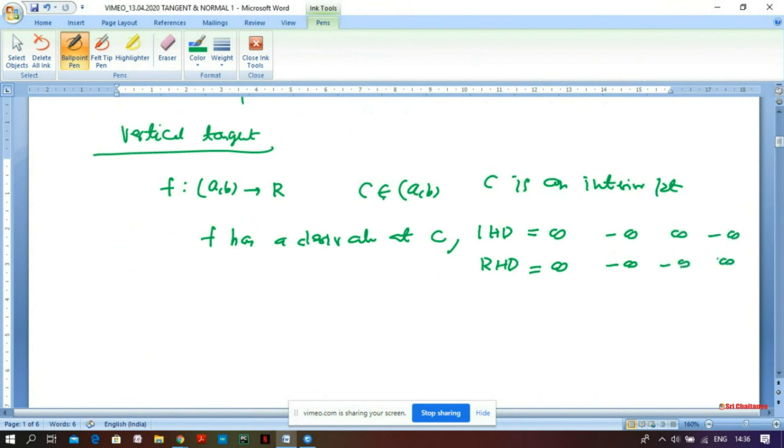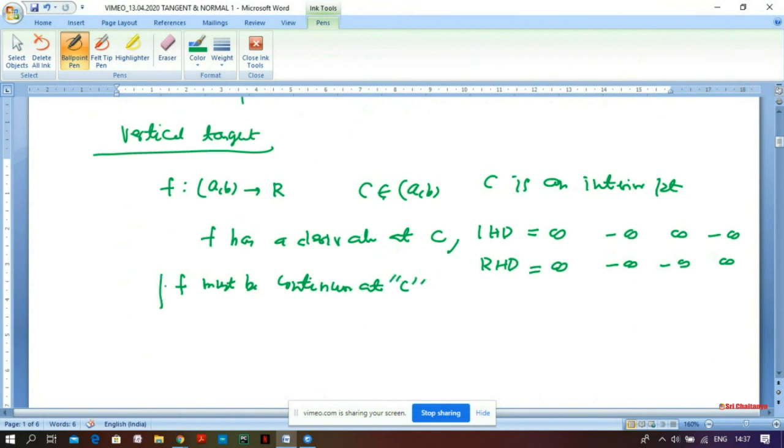In all these cases we will say that f has a tangent at the point c on the curve, that is (c, f(c)). One warning: first of all, f must be continuous, otherwise it does not make any sense.